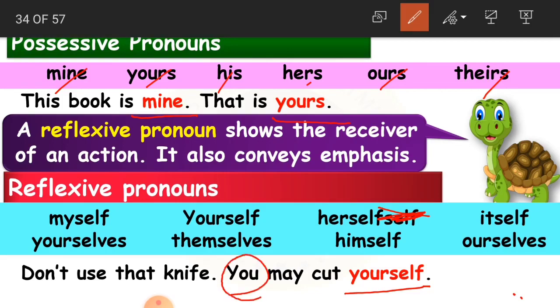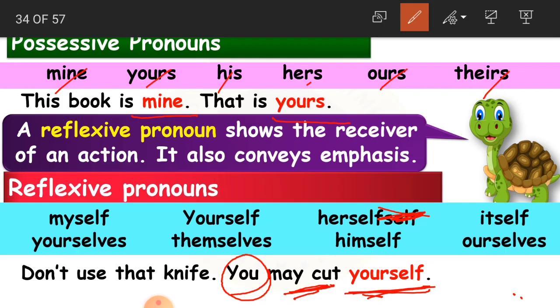You is the receiver. If you use that knife, you are going to receive an action. What is that action? Cut. But what is emphasizing here? That is yourself. You may cut yourself.